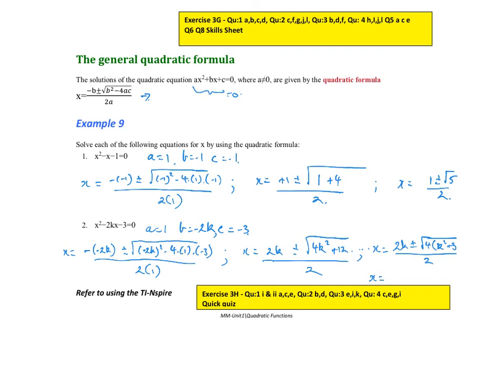So x is equal to 2k plus or minus, well, the square root of 4, which is common, is 2, times the square root of k squared plus 3 over 2, and that 2 cancels everywhere. So x will equal k plus or minus the square root of k squared plus 3. So depending upon the k value, that's where the intercepts or the solutions will occur.